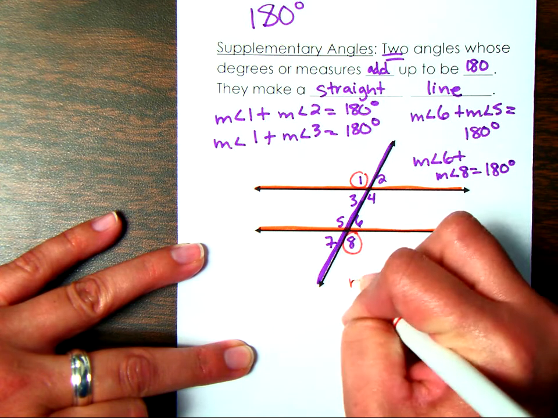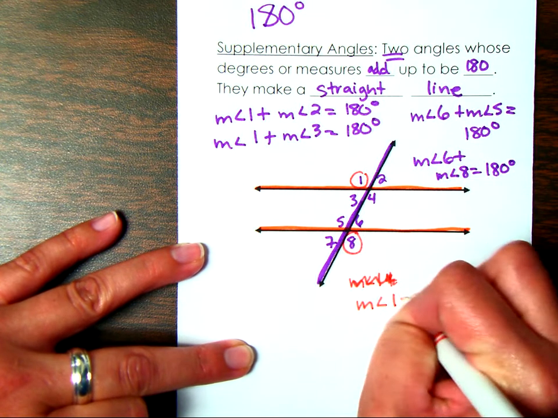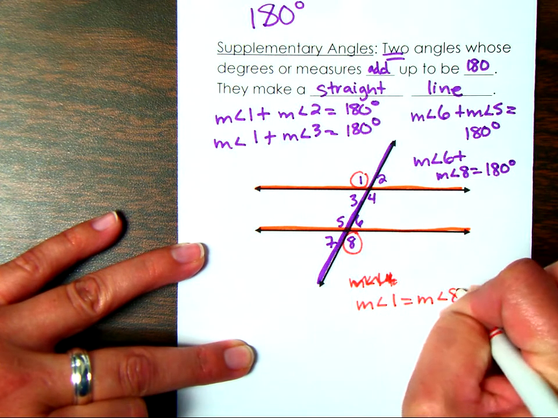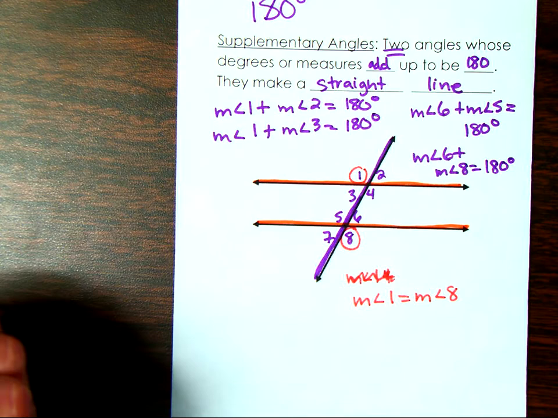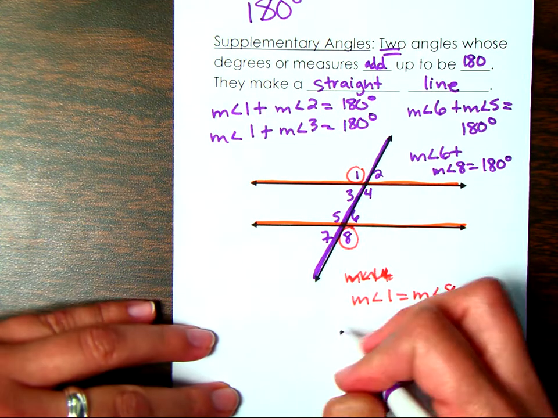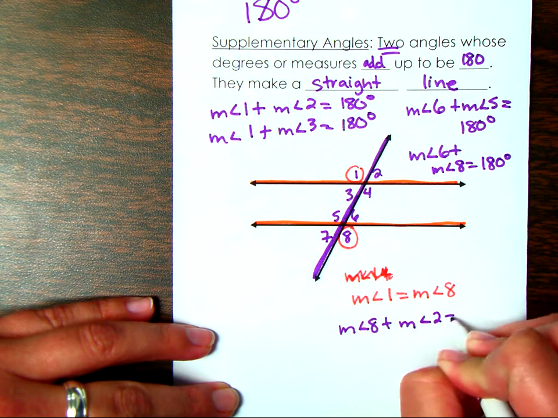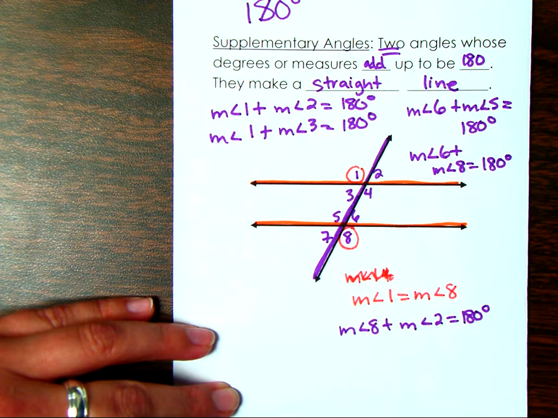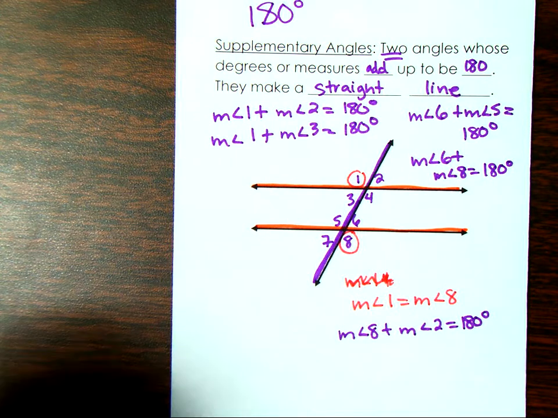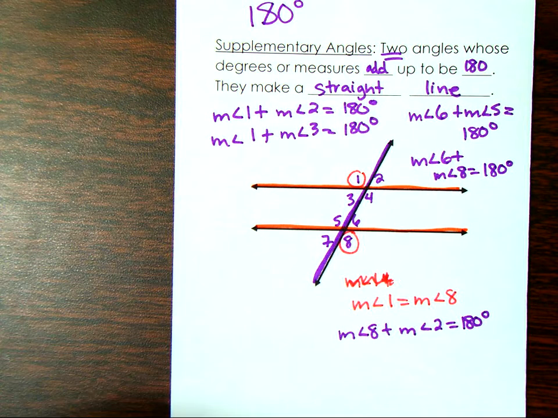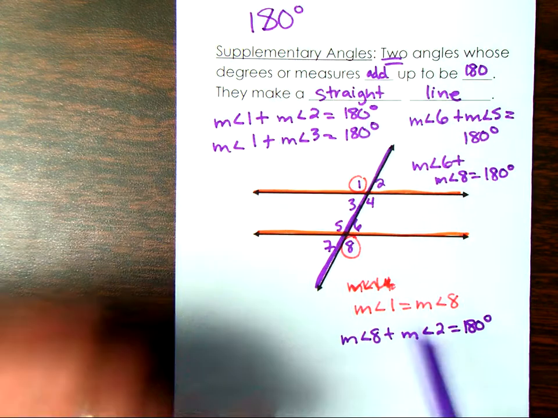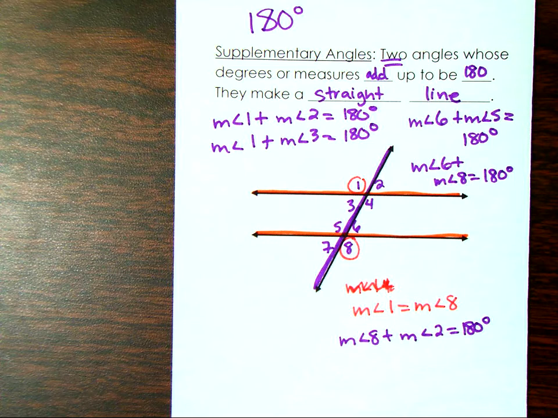The measure of angle 1 is equal to the measure of angle 8. What that means is that actually the measure of angle 8 plus the measure of angle 2 is also 180 degrees. So that's kind of thinking in advance about those supplementary angles. Again, because we knew that other vocabulary. So go ahead and see if you can make a list of all the different supplementary angles there are.